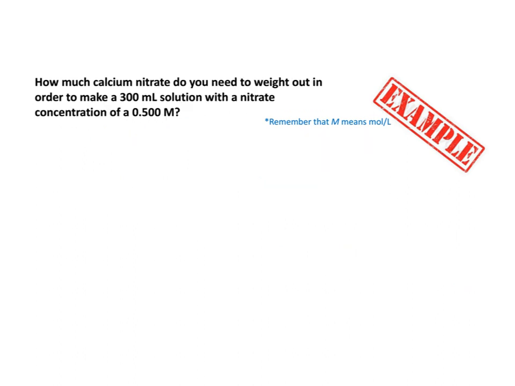Let's do another example, but this time we want to find how much calcium nitrate we need to use to make 300 milliliters of a solution with a nitrate concentration of 0.5 moles per liter. And we're using calcium nitrate here. Because we want to find the concentration of nitrate, that suggests to us we need to do a dissociation equation. So let's write the dissociation for calcium nitrate.